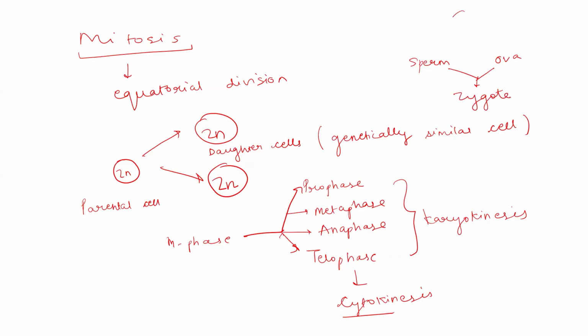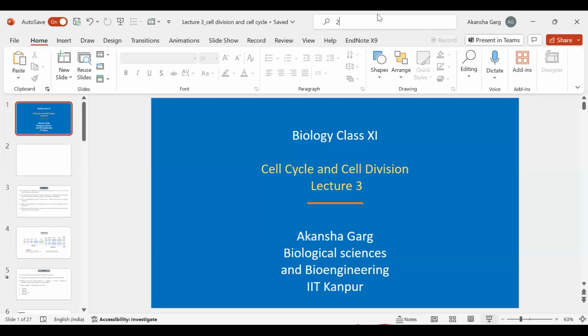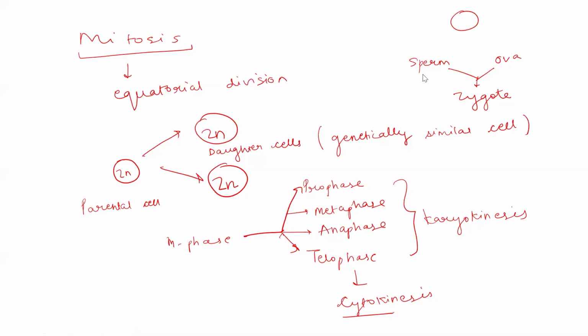So how does a diploid organism, which is already 2n in number, maintain its chromosome number in the zygote even after fertilization? Even after the fusion of sperm and ova, how are we able to maintain the same chromosome number in the zygote? This happens by the process of meiosis.